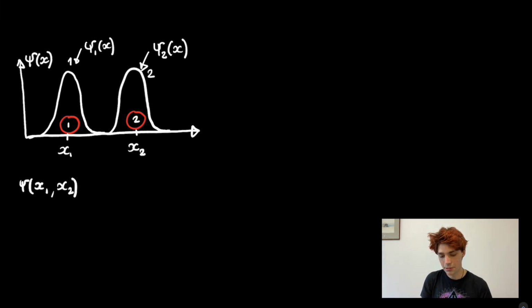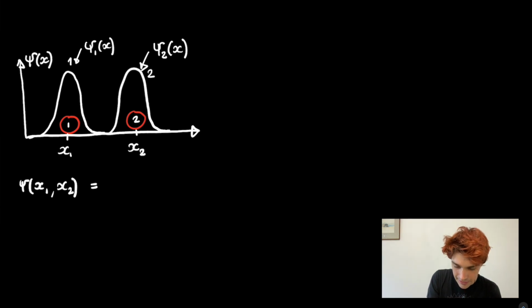Now I'm going to ask the question, what happens when we swap the particles? What happens when we exchange both particles around? In this example, it's pretty clear to see nothing's going to happen. So what do I actually mean by swap? Say both particles, I've drawn them as Gaussian functions right here.